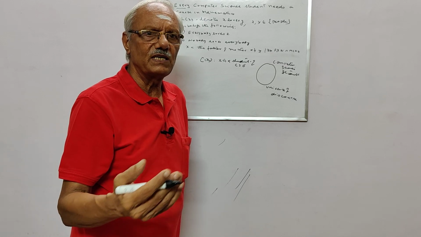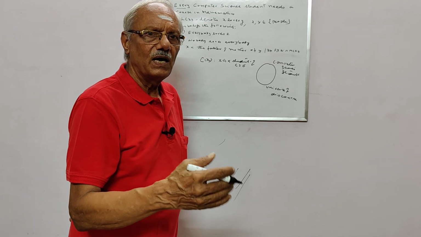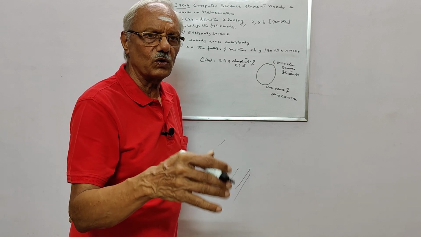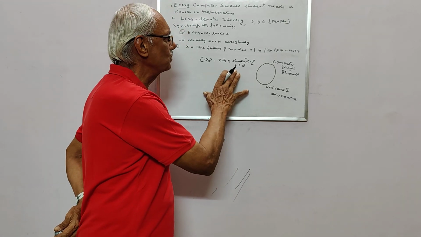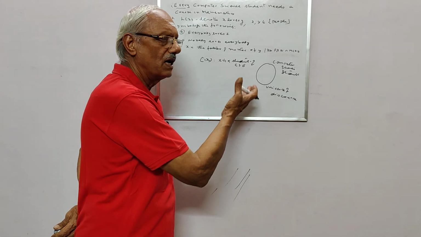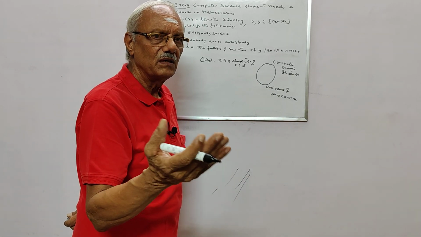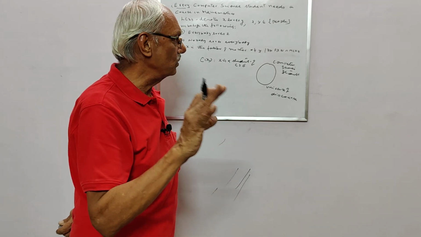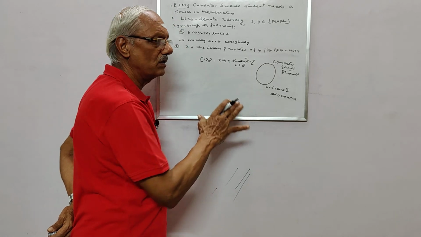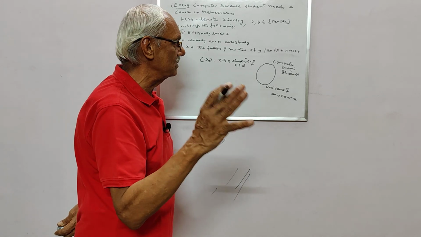Since I'm particularly talking about engineering students, I take that x is a student of computer science engineering. Otherwise BCA students also study discrete mathematics. Okay, let us not go deep into that, it is not required.